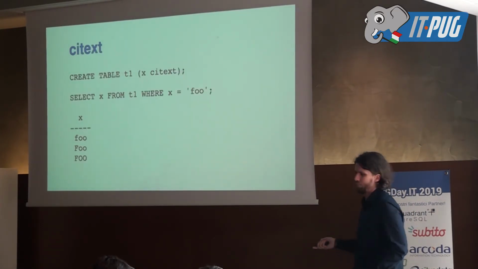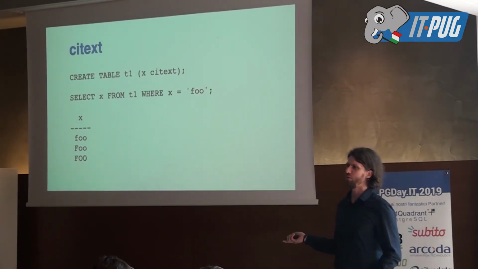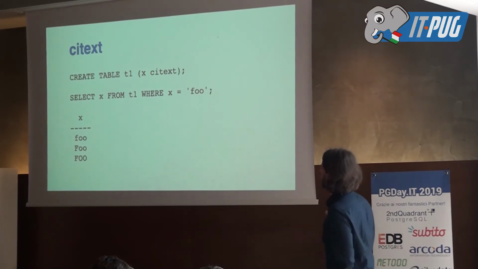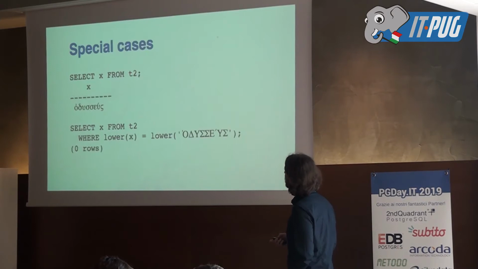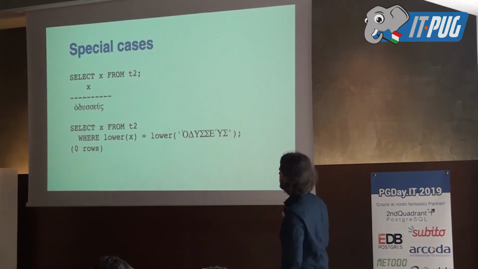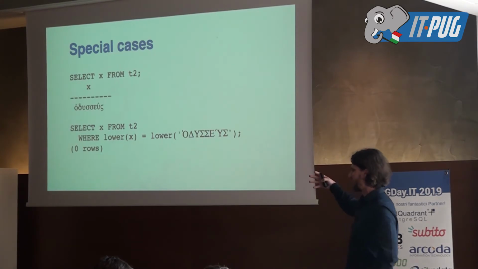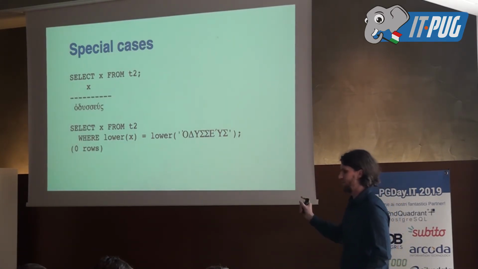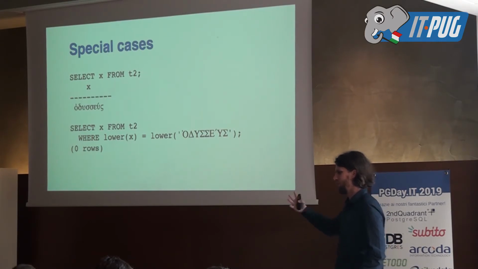Essentially everybody does that, and it works, but because Unicode is Unicode, there are some special cases where it doesn't work. Now, is anybody here from Greece? No, okay. So this is one of the typical standard examples of Unicode special cases.